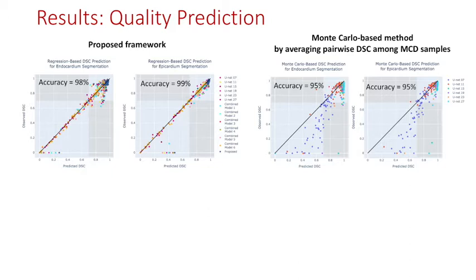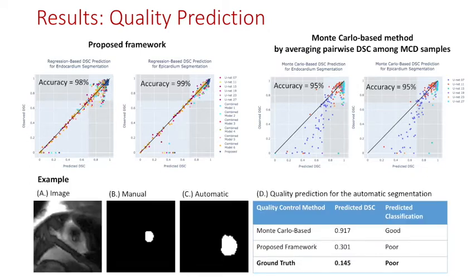This example shows that overestimation can be a serious issue. The ground truth DSC of this automated segmentation is 0.14, and that means the automated segmentation is poor quality. But the Monte Carlo-based quality control predicted the DSC to be 0.9 and falsely classified it as good quality. And this kind of overestimation by the Monte Carlo-based quality control is undesirable.